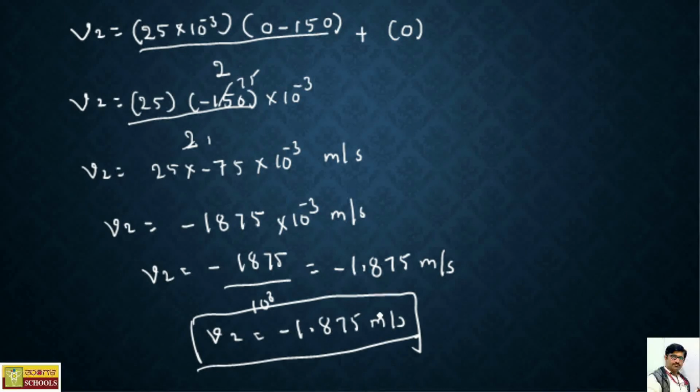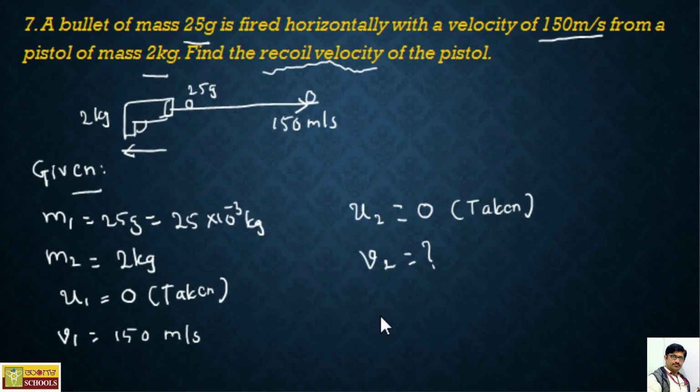Here in this part, I am just giving a suggestion: make use of the previous values of these M1, M2, U1, V1, U2, and we got V2.